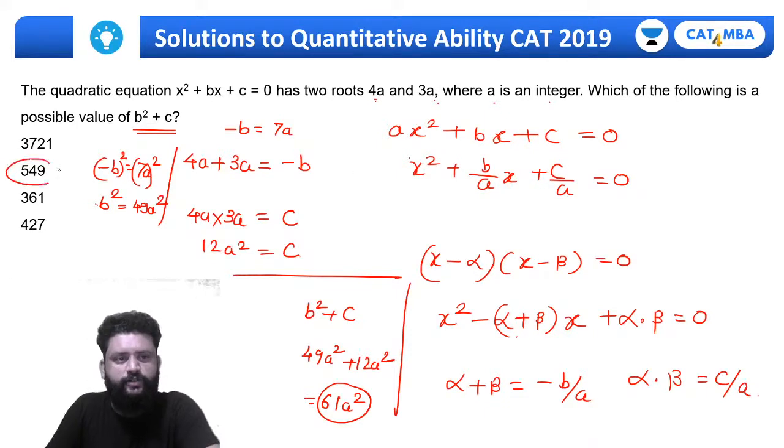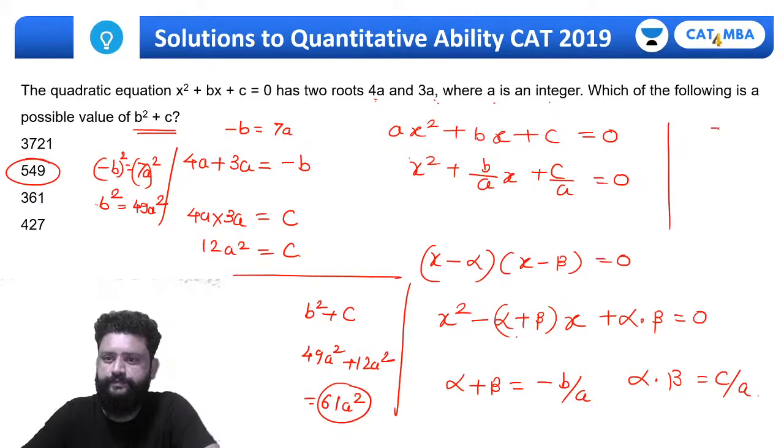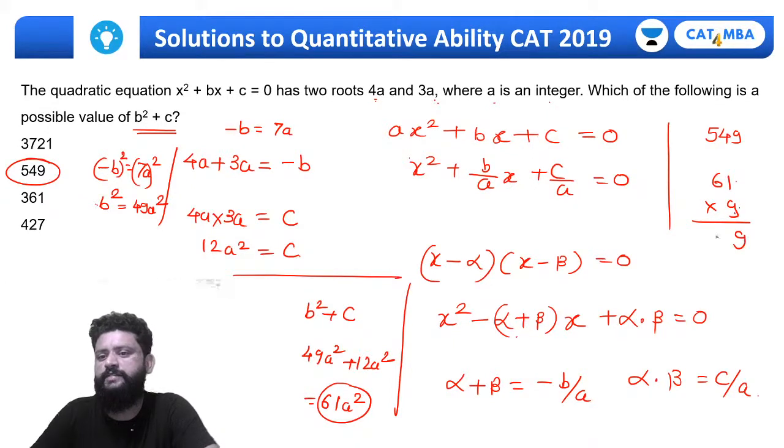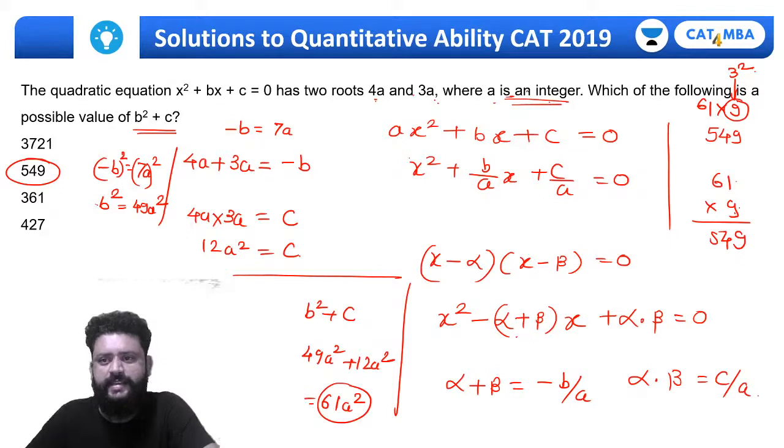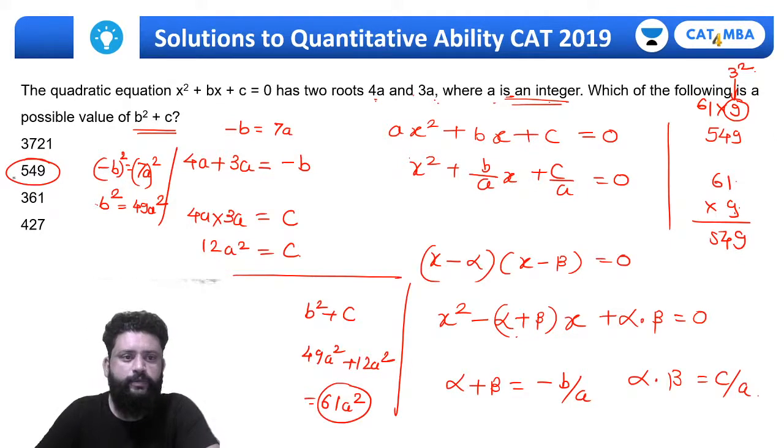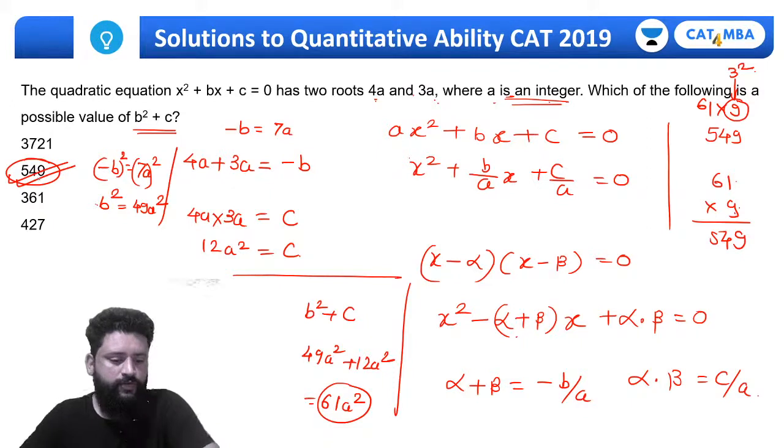So if we look at these values, 549, we divide it by 61 into 9. 9 ones are 9, 9 sixes are 54. That is 61 into 9, and 9 is nothing but 3 square, and these are integers, so a is an integer. That simply means the only possible value from the answer options is 549.